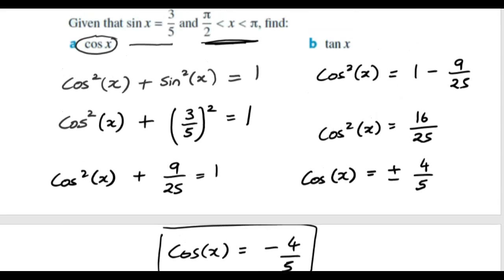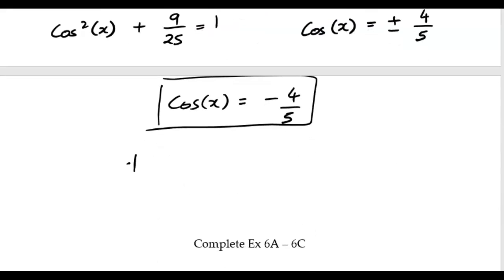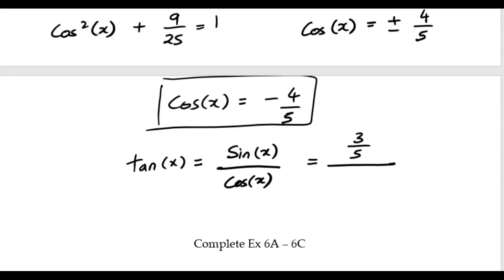Part B of the question wants us to find the value for tan x, and tan x is going to be equal to sine x over cos x. So if I apply the two ratios in there, basically I'm going to have 3 on 5 divided by a negative 4 on 5.